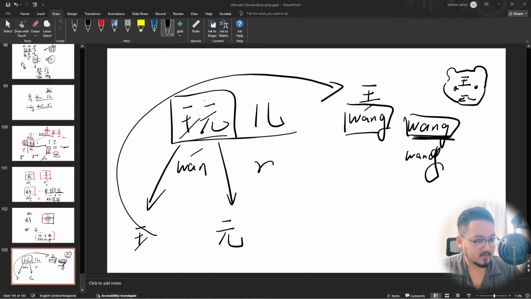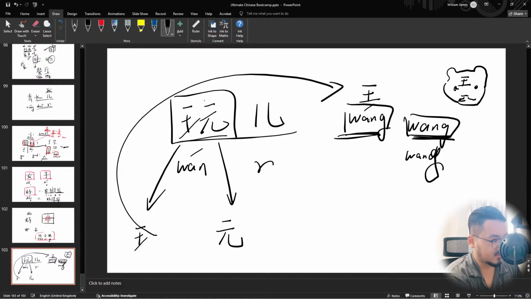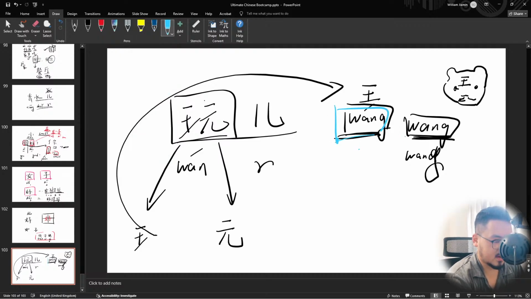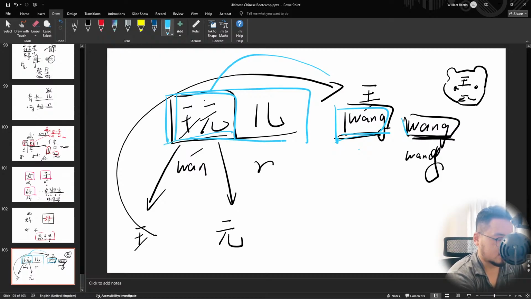So first is get the pinyin down so you know how to pronounce, and then recognize the characters, and then learn a little bit about language points so you know the phrases, and then just conversation.